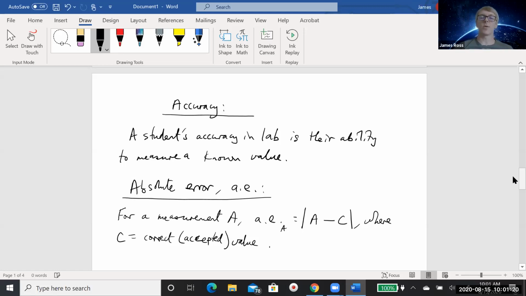Okay, so completely analogous to absolute deviation, but instead of looking at one data point and another, or one data point and the mean, you're looking at one data point and a benchmark standard that you're comparing it to.